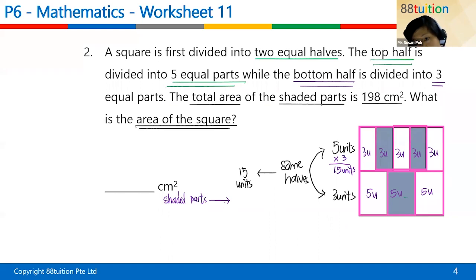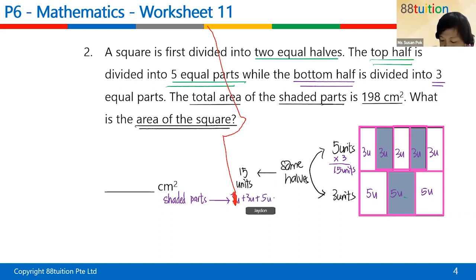The shaded part is the gray color one. How many parts are shaded? 11. Yes, how did you get your 11? 3 unit, 3 unit, 5 unit. Okay, all right. So then you have 11 units.